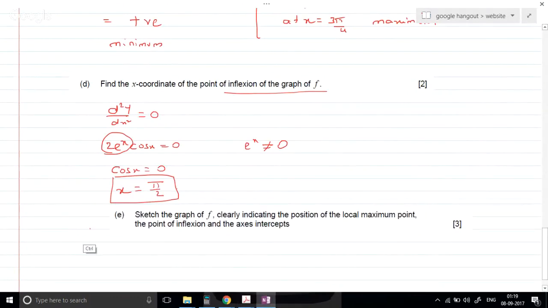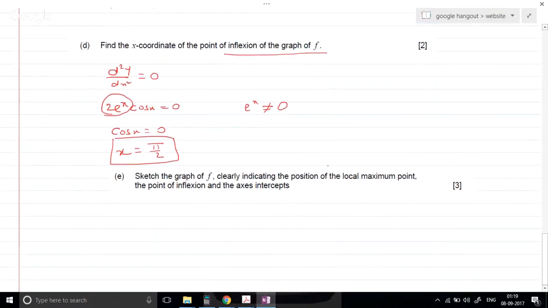Now the graph of the function, clearly showing the local maximum, point of inflection, and the axis intercepts. Now this is 0, pi by 2, pi.